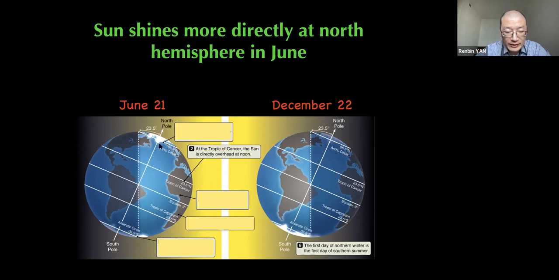When the Earth is on the left side of the sun, the sunshine coming from here is almost directly towards the northern hemisphere. So for the northern hemisphere, you get more direct sunshine. In December, the sunshine points directly towards the southern hemisphere, and for the northern hemisphere, you are receiving the sunshine at a much larger angle, so you receive a lot less intense heating.